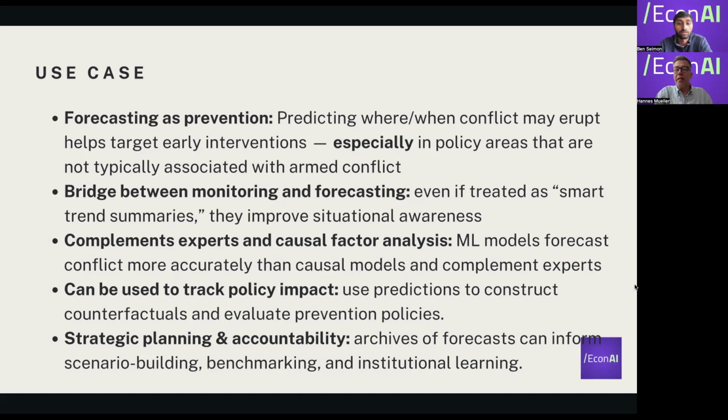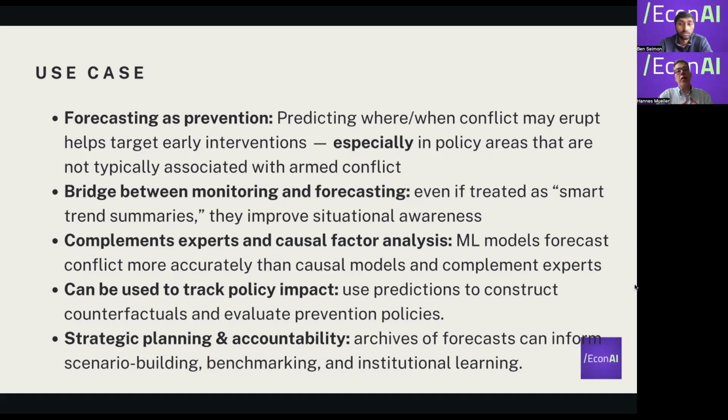The second one, and I think this is particularly useful for the admin 2 forecast, is that even if you're just monitoring violence and you're not necessarily interested in the 12 or 3 months ahead view, you might still look at a forecast as a very smart summary of the situation on the ground, using many, many factors and putting them together in a meaningful summary, right?